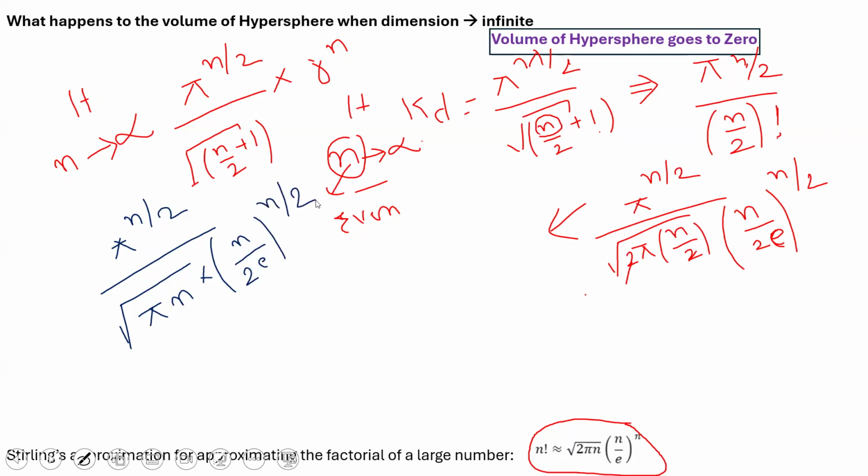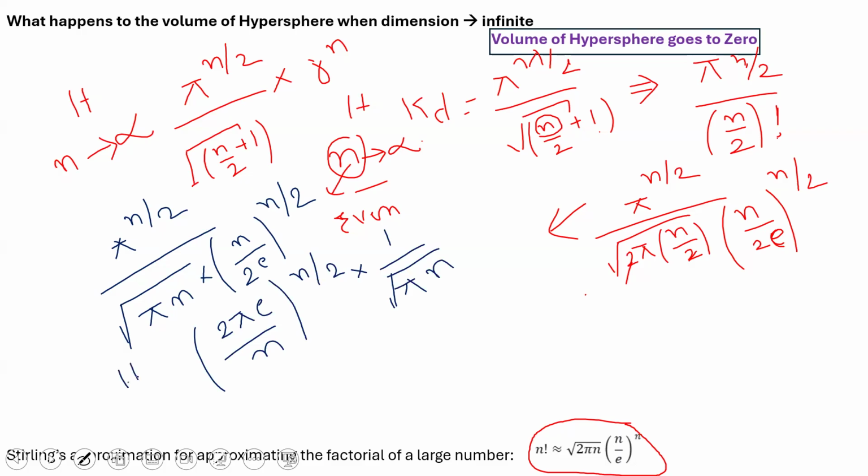So this is all what we have, right? Now I can make all these powers equal. So this becomes 2 pi e by n whole to the power of n by 2 into 1 by the root of pi n. Okay, so this is what it actually means now for us.